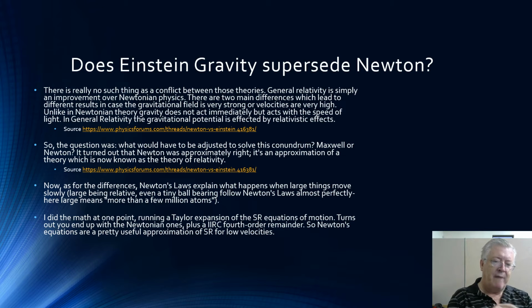That means a very small remainder. So Newton's equations are a pretty useful approximation of special relativity for low velocities. You can imagine in one of those previous uses of gravity, you could imagine them trying to use the special relativity equations on an everyday basis. Newton is clearly much easier.